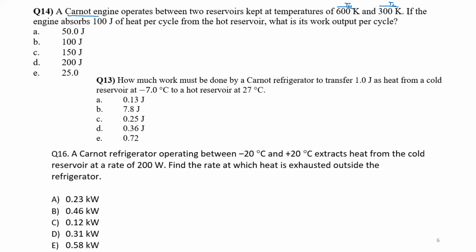So now the question is, if the engine absorbs 100 joule of heat per cycle from the hot reservoir, what is the work output per cycle? So as I said, TH is equal to 600 Kelvin. You always put this temperature in Kelvin, and TL is equal to 300 Kelvin.